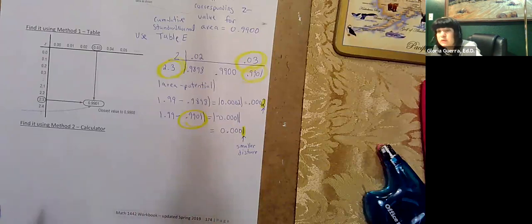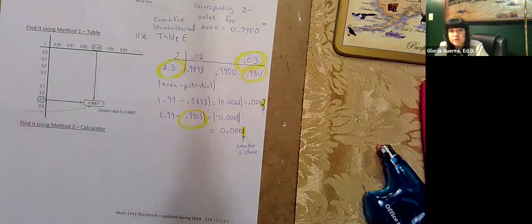And let me go back to the exercises, how they were asking that there. Use a Z table, and they're calling it table E. Yeah, okay, so we're using table E. Z table is also what they call it.